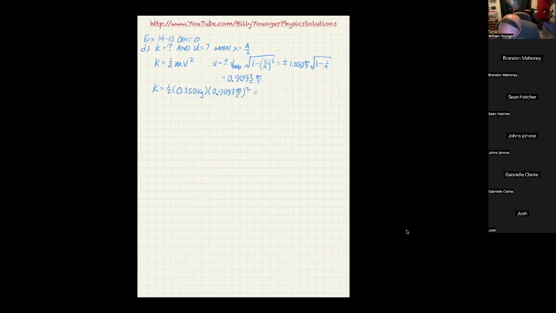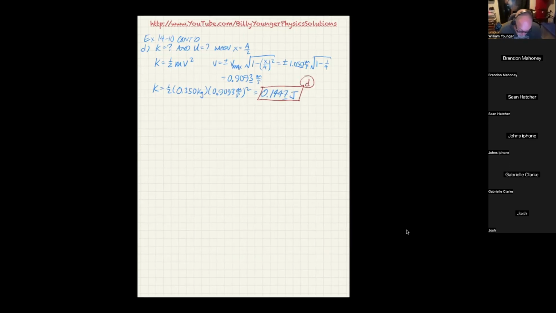So I'll do 0.5 times 0.35 times 0.9093 squared. And that gives me 0.1447. And the 7 is an extra digit, and that's joules. So this is part of answer D.